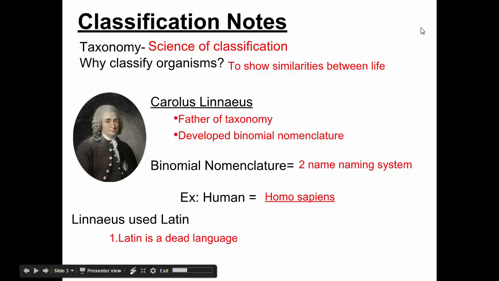Also, scientists throughout the world, whether they live in the United States or Germany or Vietnam or France, if they're doing research on white pine trees, well, saying white pine tree in English would be different than in Spanish or Chinese or any other language.